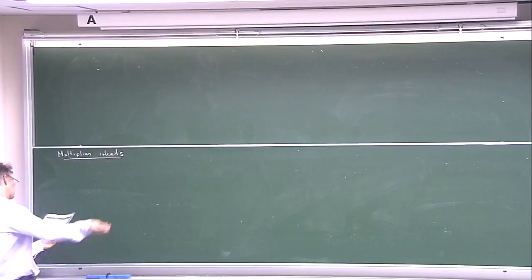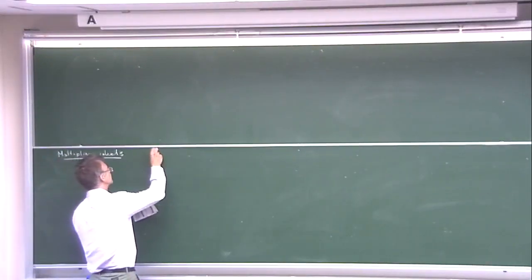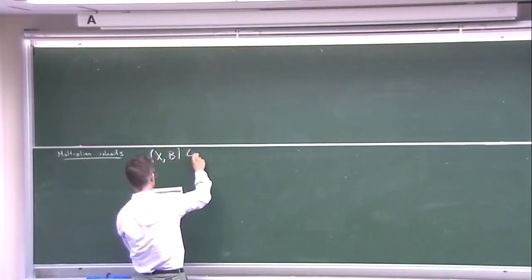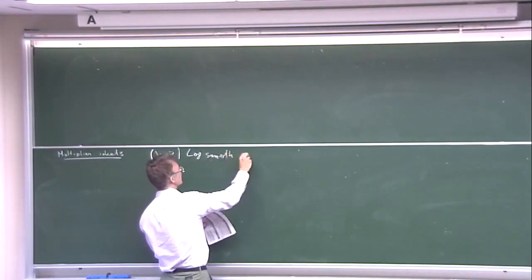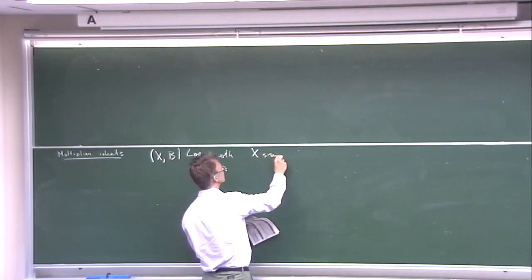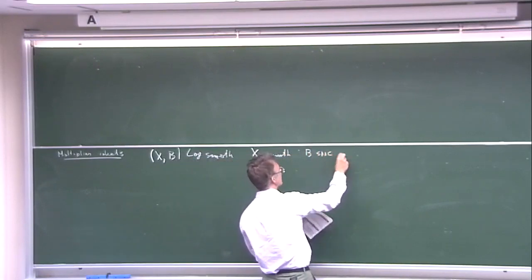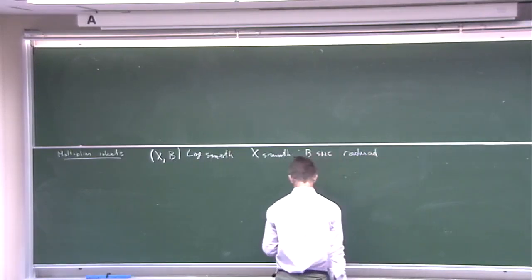Okay, I'll jump back to multiplier ideal. In this context, I'm thinking of a pair (X, B) which is log smooth. What do I mean by log smooth? I mean that X is smooth, B is simple normal crossings and has coefficients 1. Let me call that a reduced divisor.